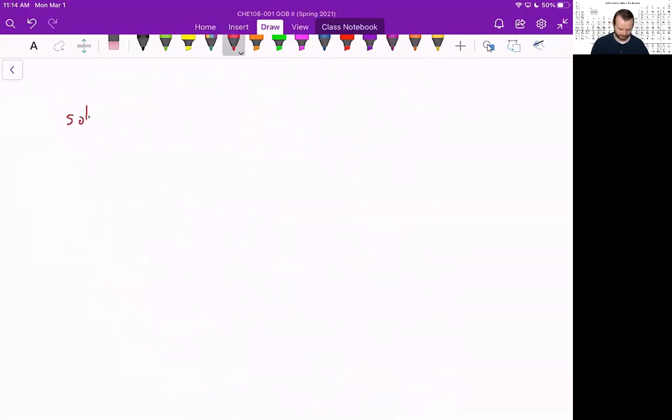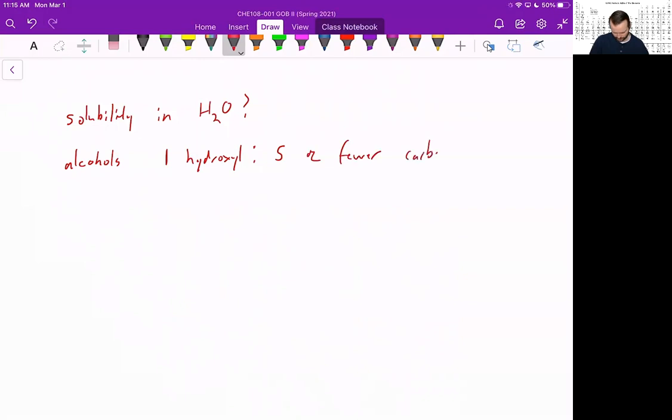Solubility in water. The rule is such that for alcohols, covered this before, in general, if you have one hydroxyl per 5 or fewer carbons, that ratio, they generally dissolve in water because they can hydrogen bond with water.